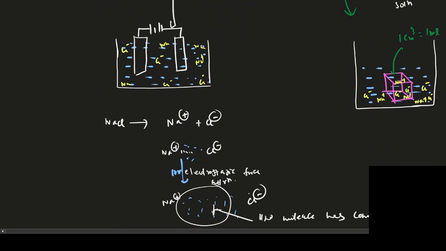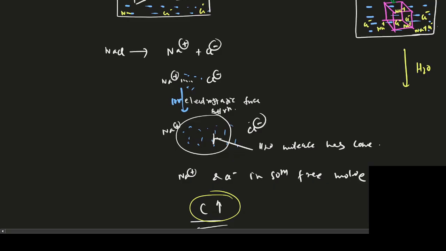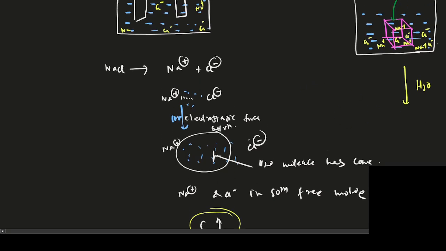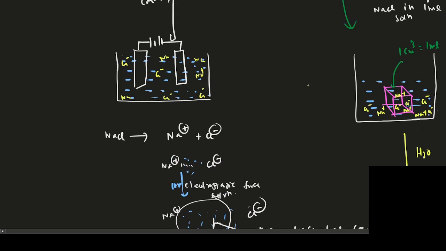Then what happens to the specific conductance? For the specific conductance also, if I add water, I am doing dilution, then what happens? Here also the same picture will happen. In the same way, if I add water, I have to draw a picture.